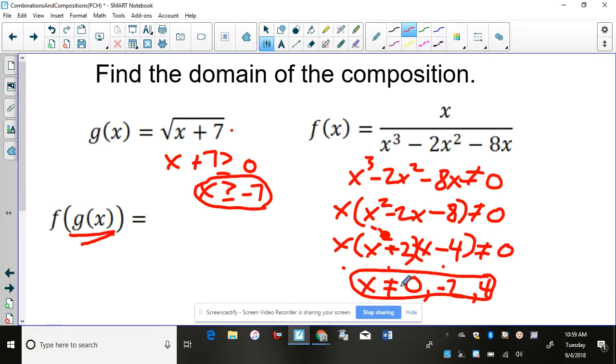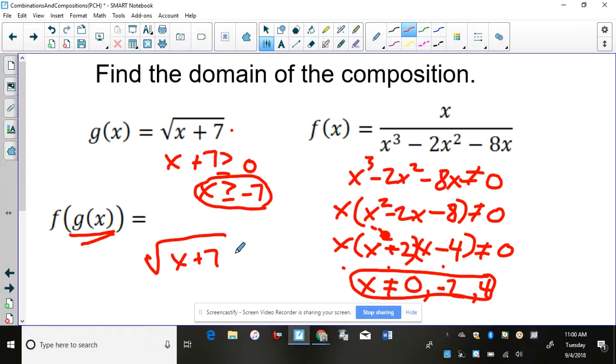Now, these are not values that I have to exclude from the domain of the composition. These are values that I cannot plug in to this function. But remember that the numbers being plugged in here are the numbers coming out of this. So to finish this problem off, I have to set up 3 inequalities, and in the interest of time, we probably won't do all of them.